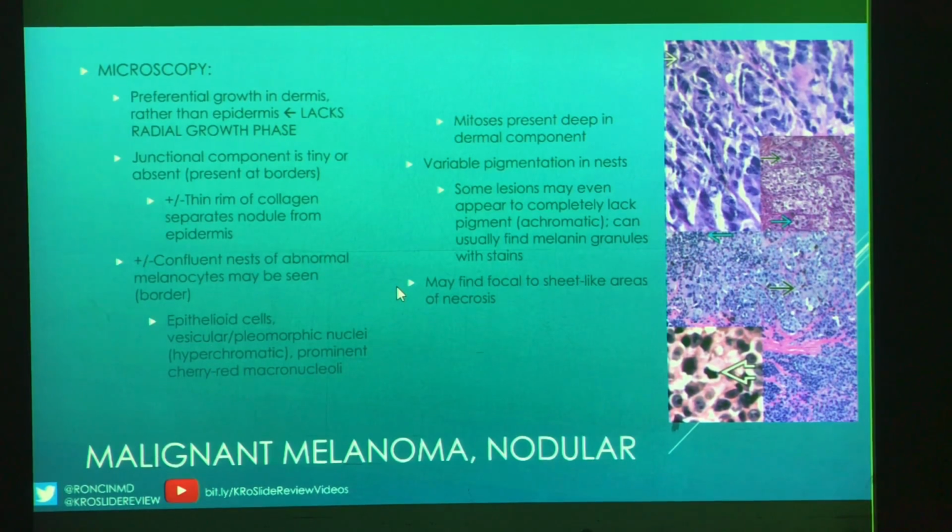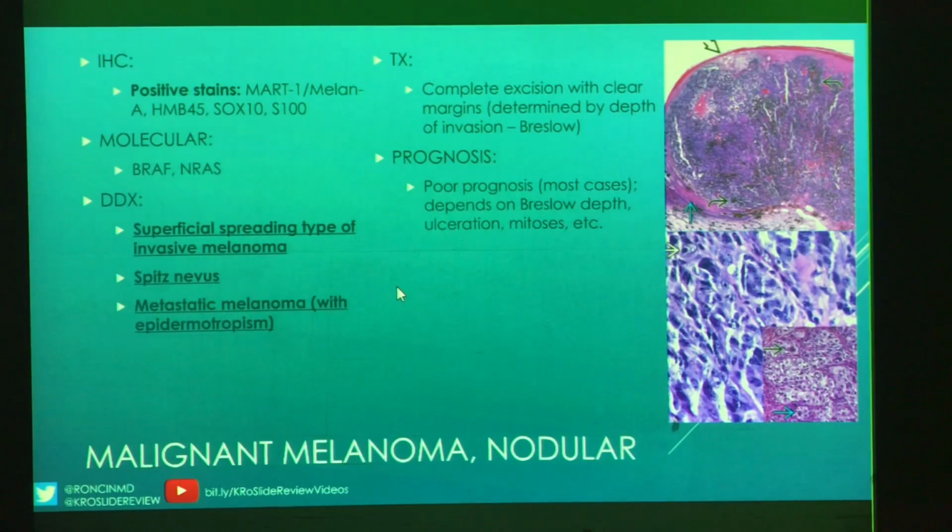And you can also have either very focal, cell-to-cell necrosis, or sheets or widely dispersed areas of necrosis. Your stains are the same as we've seen with our in situ components. For molecular, BRAF and NRAS are your most common mutations.